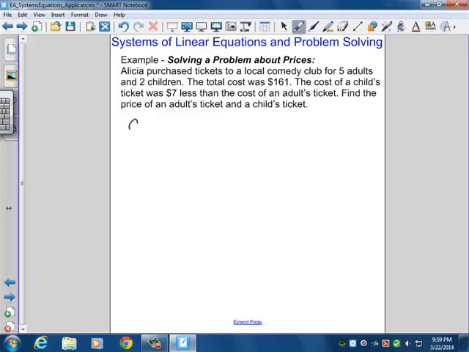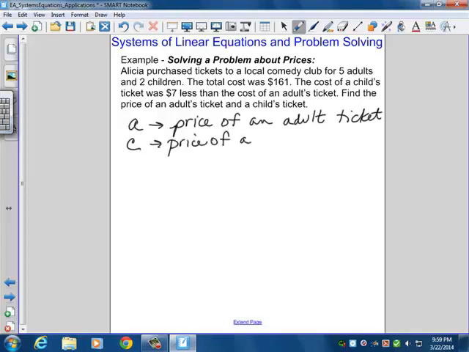So I'm going to call A the price of an adult ticket, and I'm going to call C the price of a child's ticket. Okay. So what else do I know? Those are the unknowns I'm going after.